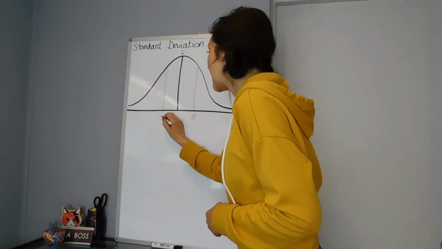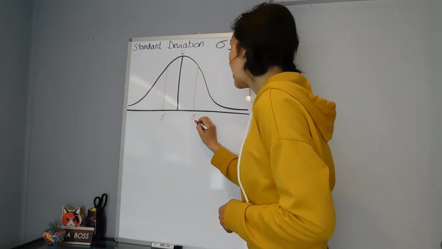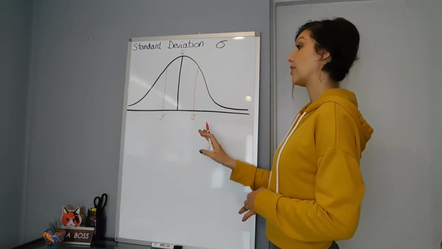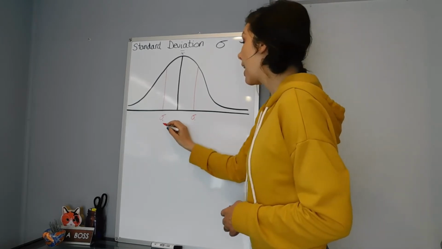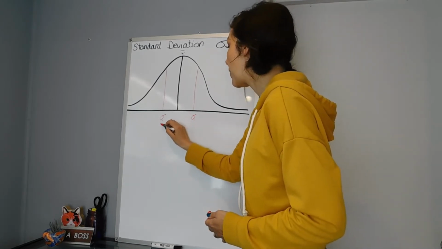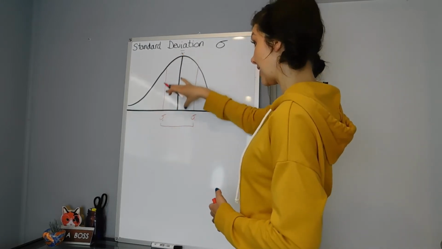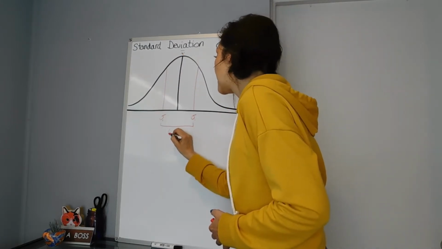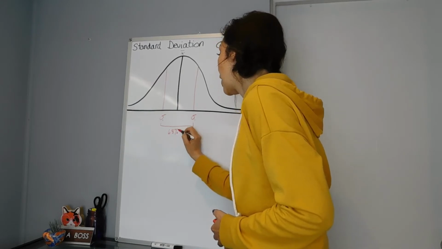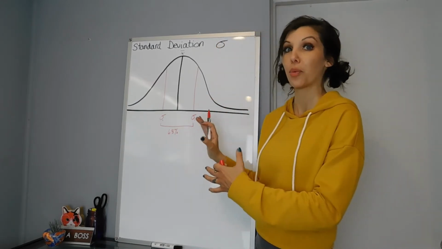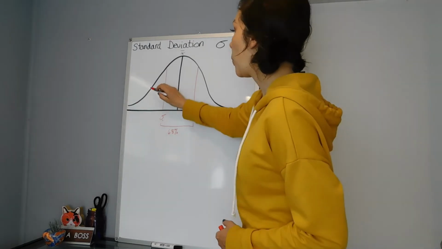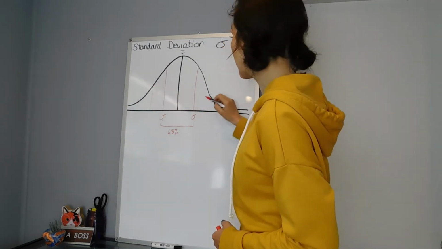So this is one standard deviation to the left and one standard deviation to the right. And the rule says that within this standard deviation set, 68% of your data will be found in that range.